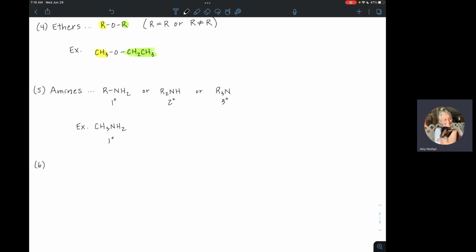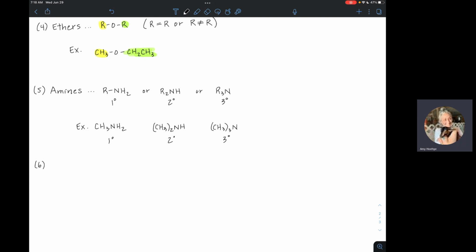So we could do dimethylamine, or we could do trimethylamine. And again, the R groups don't have to be the same.